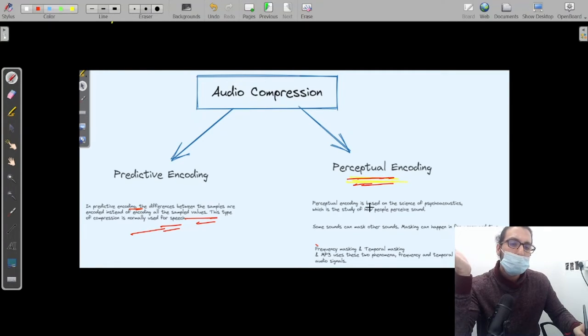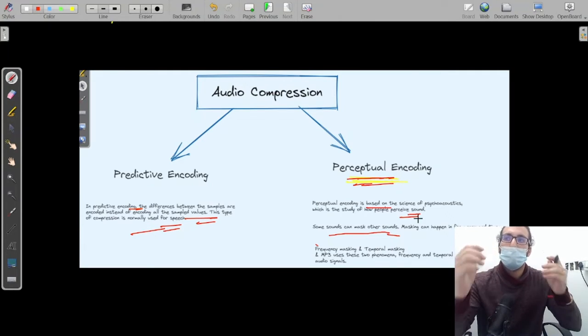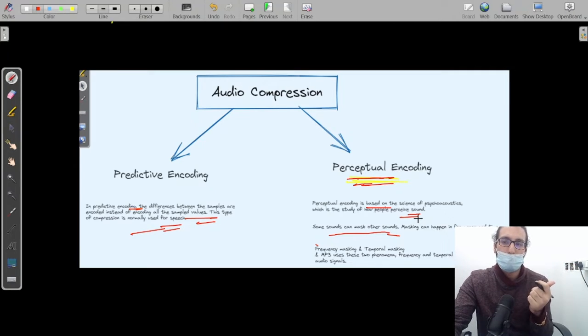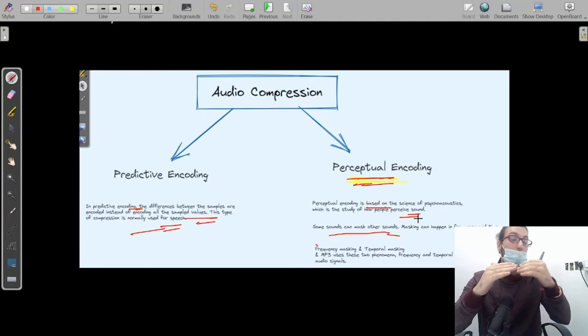Perceptual encoding is based on the science of sounds, and some sounds can mask other sounds. And what's masking? If I speak and my friend right beside me is speaking too, and I'm speaking louder, his voice will not be that loud, and they'll mask each other. My voice will mask his voice.